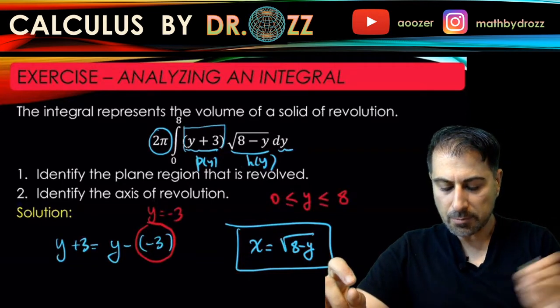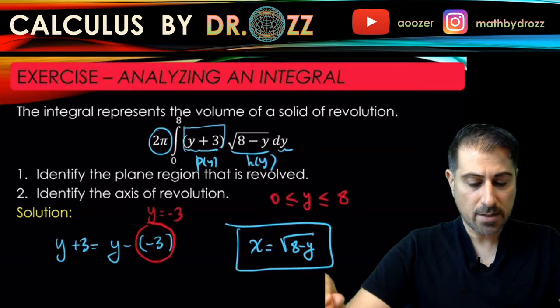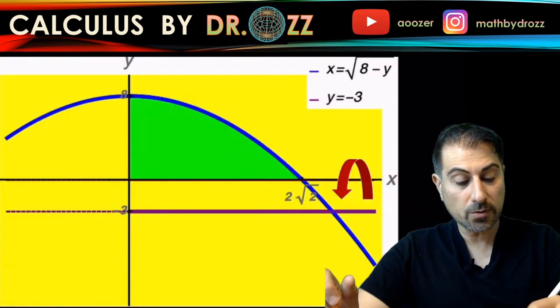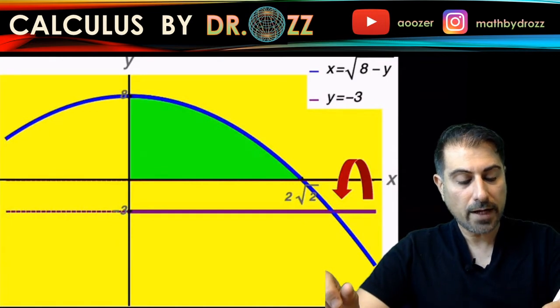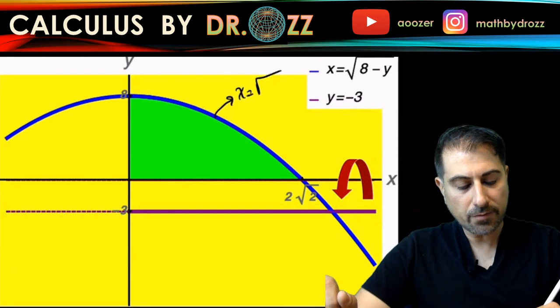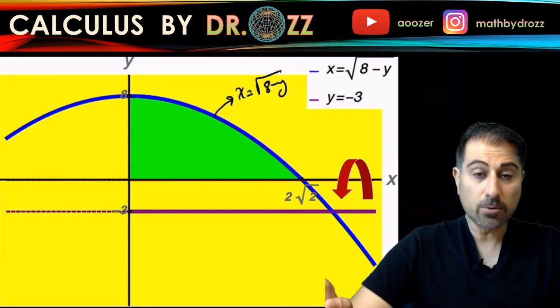Let me just show you what I got here from my end. The blue curve here is x equals radical 8 minus y. I have the y equals -3 purple horizontal line.